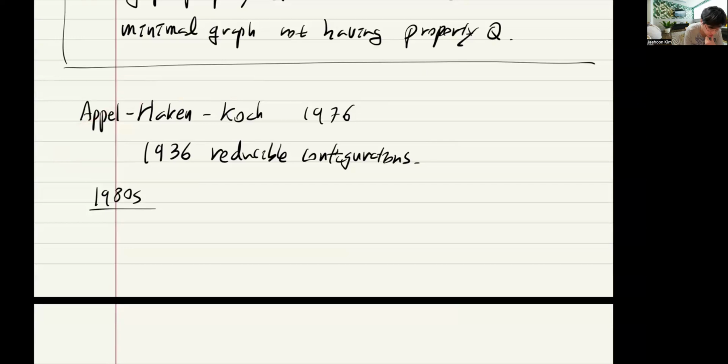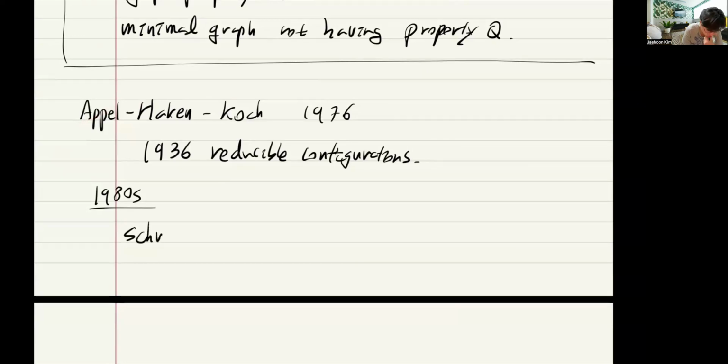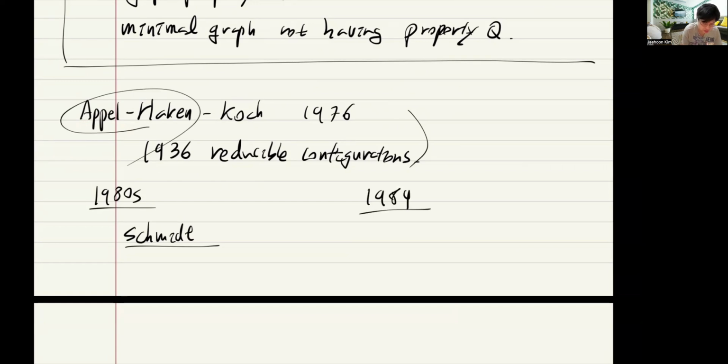And then one person, Schmidt, actually pointed out a specific mistake in the proof. So later in 1989, Appel and Haken again published a book that explains and corrects the proof, the mistake that Schmidt pointed out, and other mistakes that other people have pointed out.